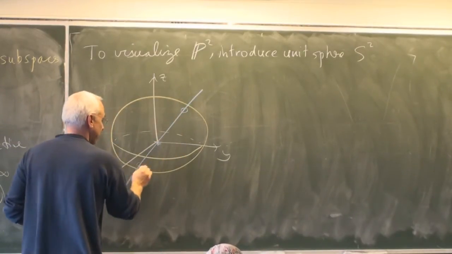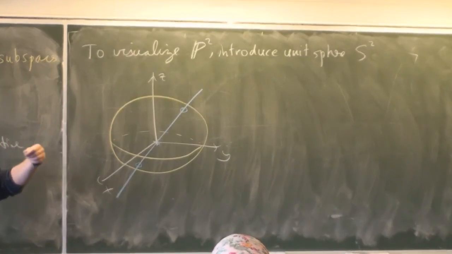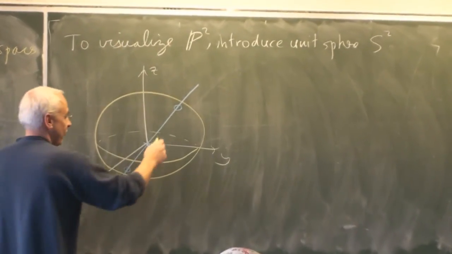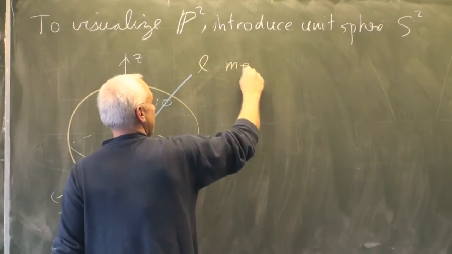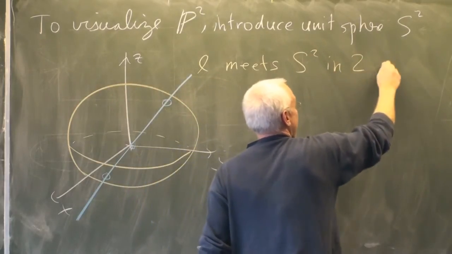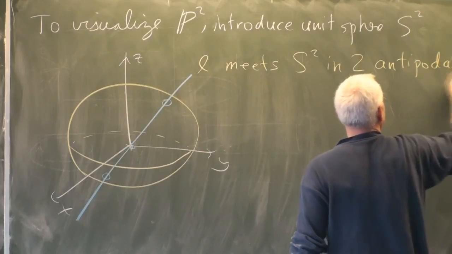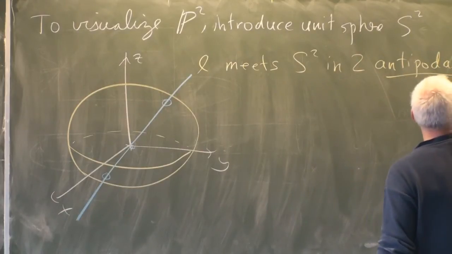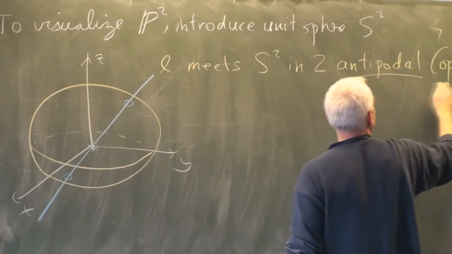In fact, 2 antipodal points. Antipodal means opposite points. So this is a line L, and it meets the sphere in 2 antipodal, or opposite, points.